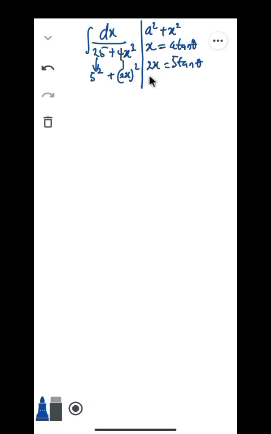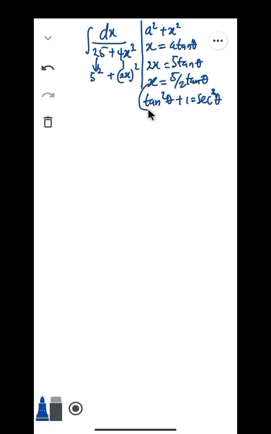We can also say x will now be equal to 5 over 2 tan theta. Now don't forget that we have a trigonometric identity that says tan squared theta plus 1 is equal to sec squared theta. So we have to look up trigonometric identities, that's where you can find this.